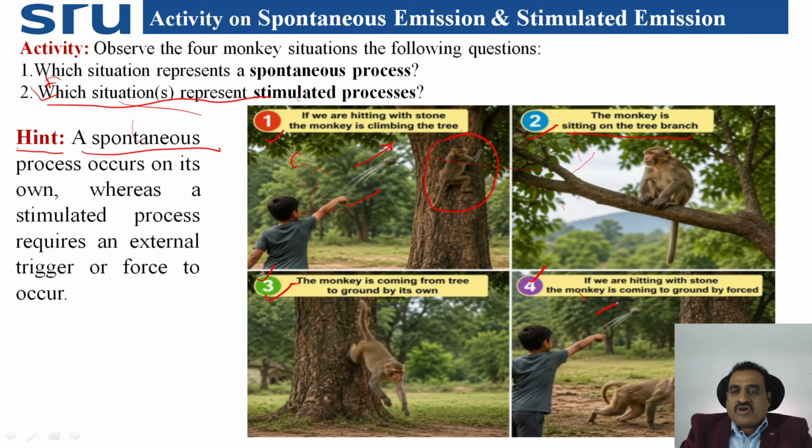The monkey is on the tree. So, stimulated means because of an external influence. We are now going to apply exactly the same idea to laser, in the atoms and photons.